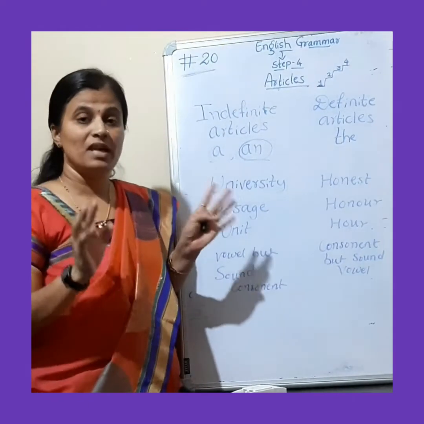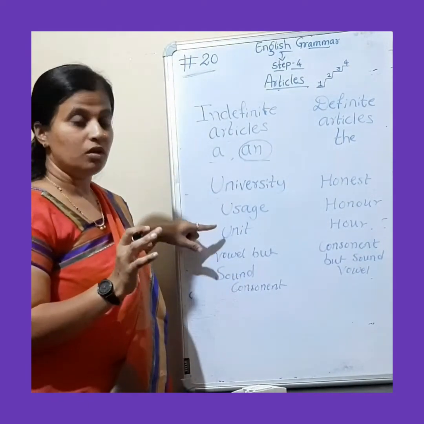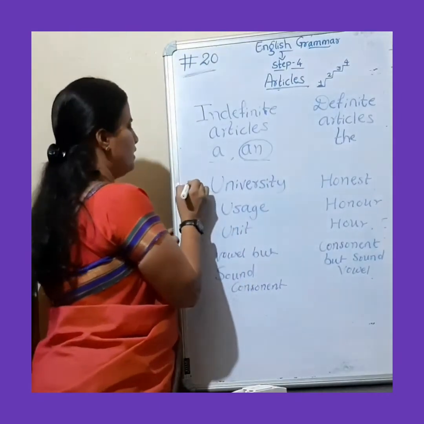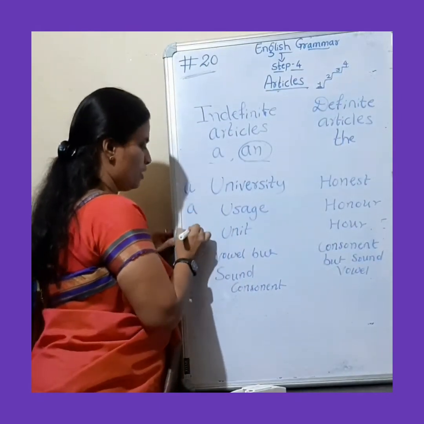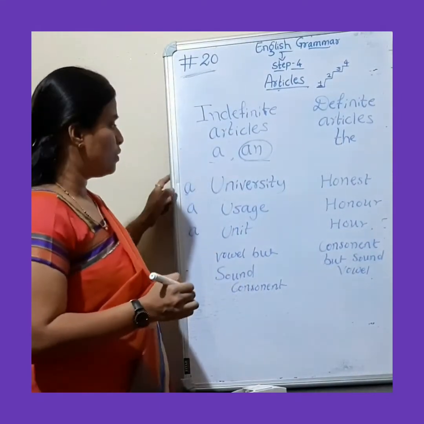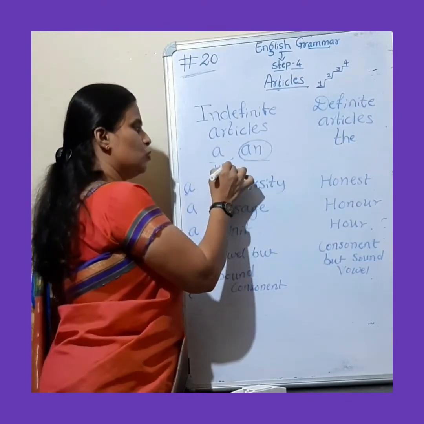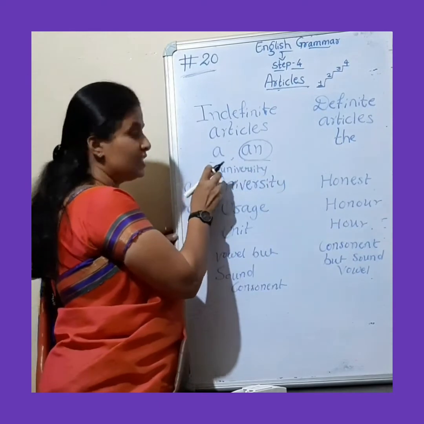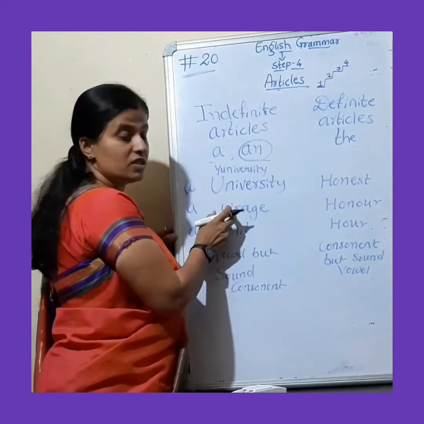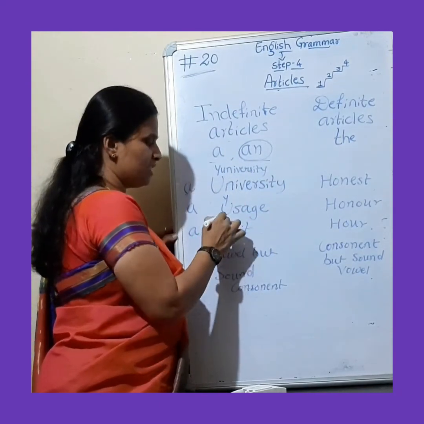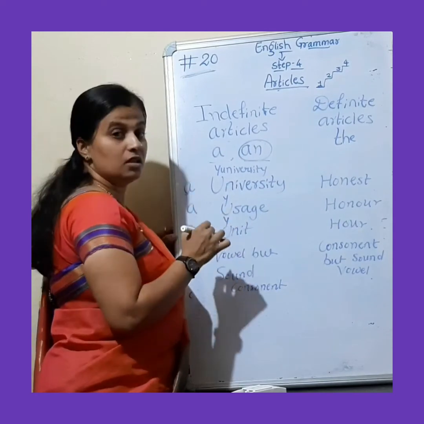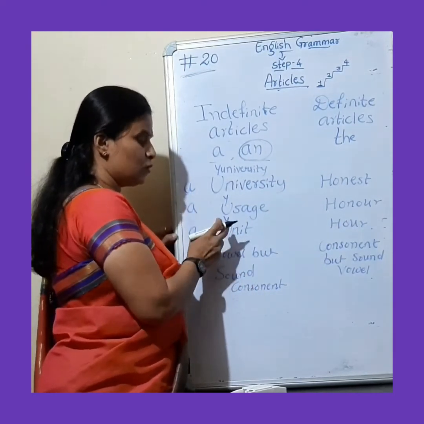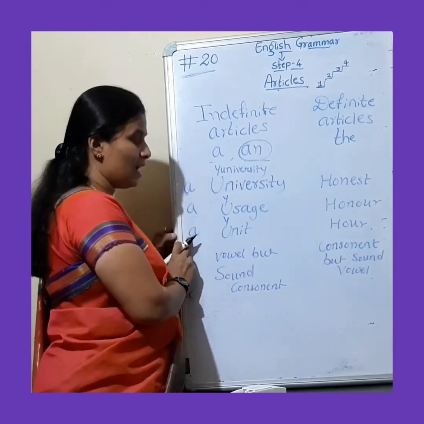Then what is to be added? For these words we have to add a, not an, because of the sound. You can see university has a consonant sound at the beginning. Here also, usage, a consonant sound. Unit, yo, right? So a consonant sound is there. So before these words a is to be added.